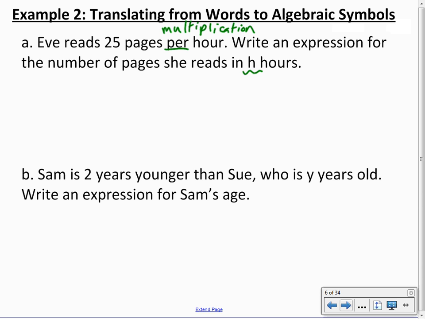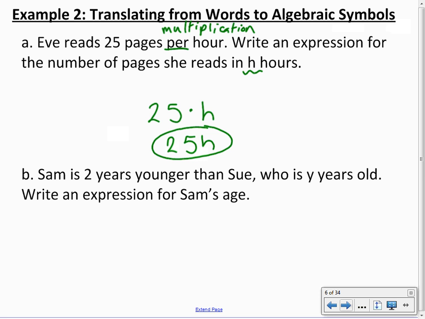So if she's reading 25 pages per hour, and we use H to represent hours, our expression is going to be 25 times H, which is the same as just 25H.